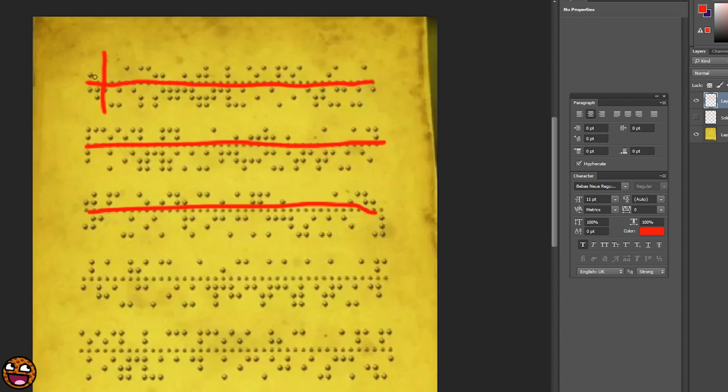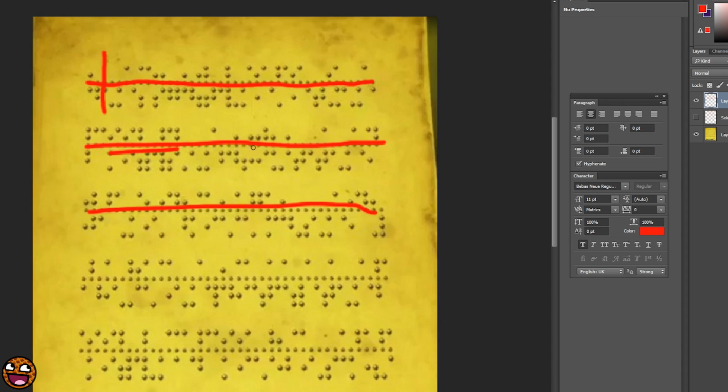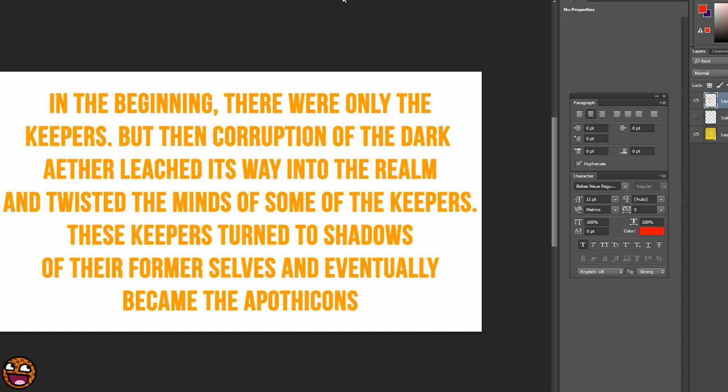So it says I there, then the next one is 2 dots below, so that's going to be the N, so in. And then that one dot below is a space, and then it's going to be the, and then beginning, and we keep going through all the lines, and we end up with this.